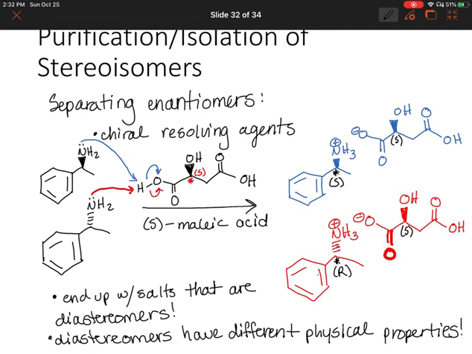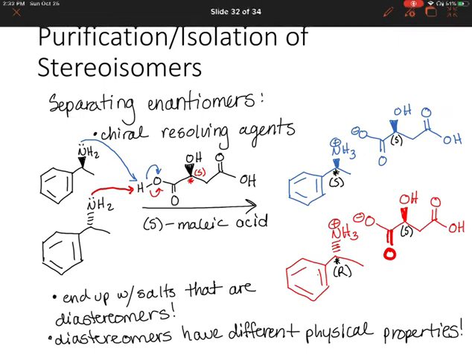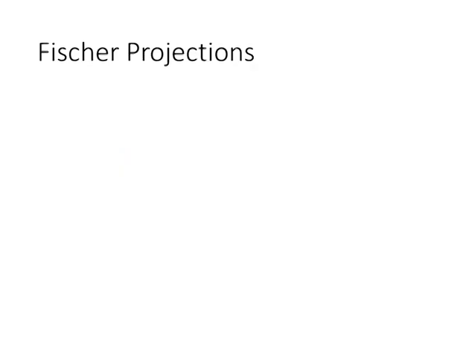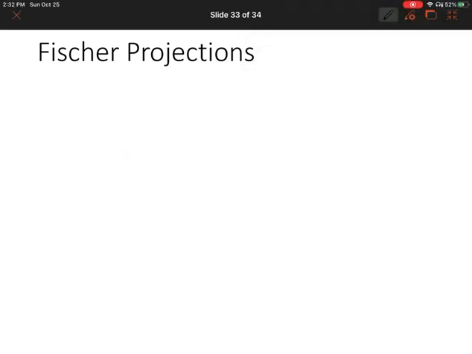Okay, so let's wrap up chapter 5, and we're going to discuss one last way to draw molecules, at least for now. We'll talk about other ways later. So we're going to go over Fischer projections. This is one way that we can draw stereocenters, and this is kind of a shortcut for drawing stereocenters.